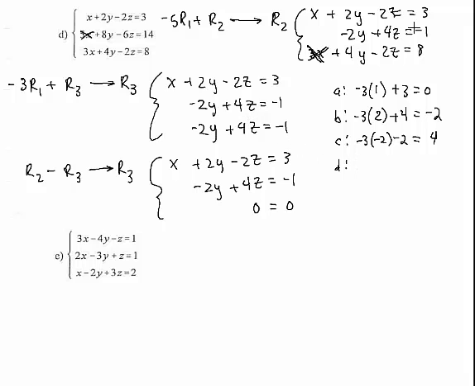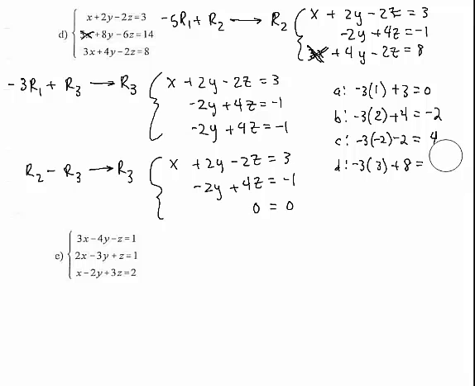And then for d, referring back to the previous system, we have -3 times 3, row 1, and then plus 8. That ends up being a -1, and we place that -1 here.